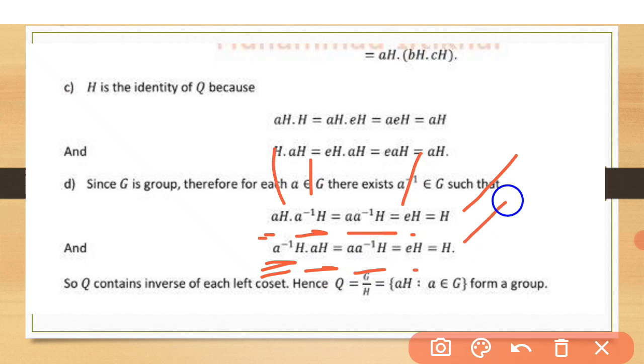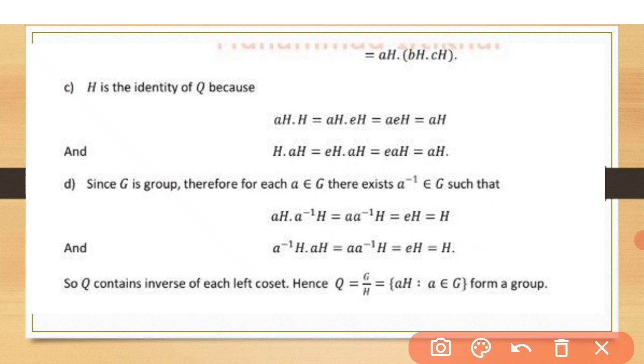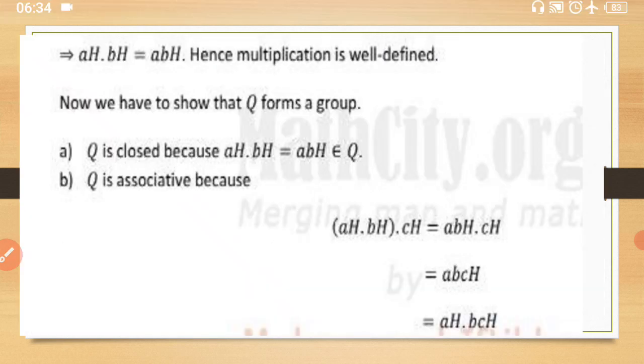So it is equal to H again. It means that inverses of each element exist in the quotient group. Hence Q contains the inverse of each left coset. Hence Q, G by H, or all the left cosets of G and H, A belongs to G, form a group.